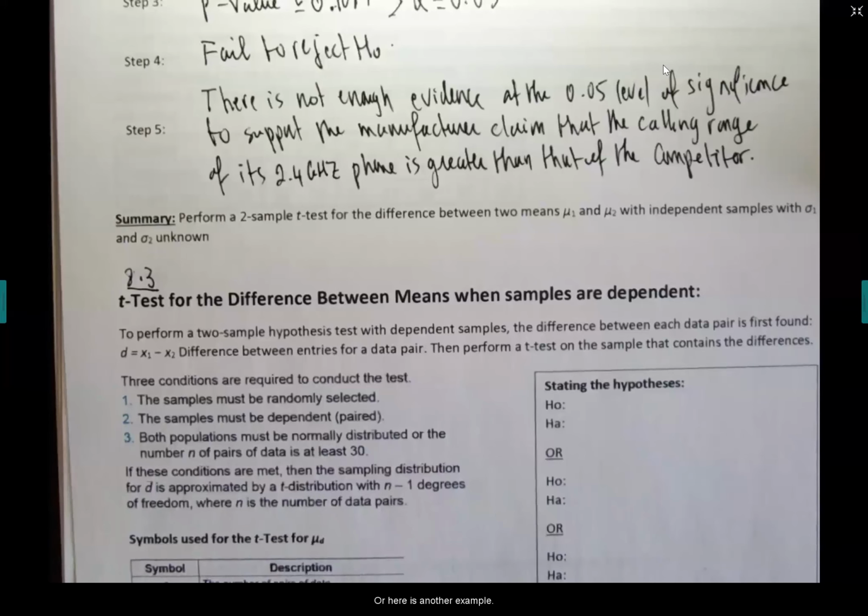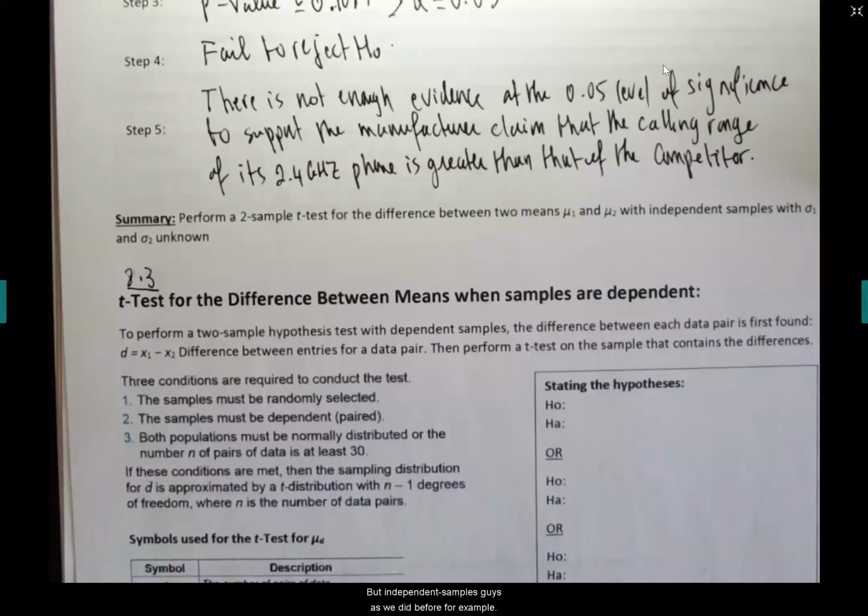Or here's another example. We take 15 students and we check their test 1 score. And then those same 15 students will go through a test preparation seminar. And then they take the second test and we take their scores again. It's the same students. These two samples are dependent. So when it relates one person from one sample to another, in this case, the samples are dependent.